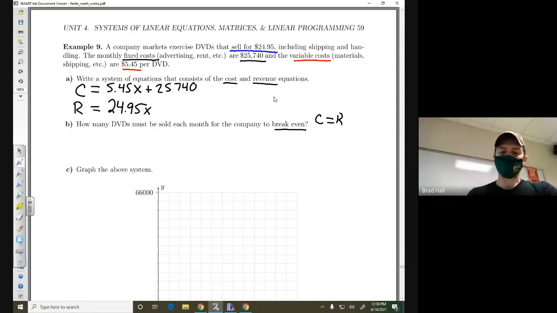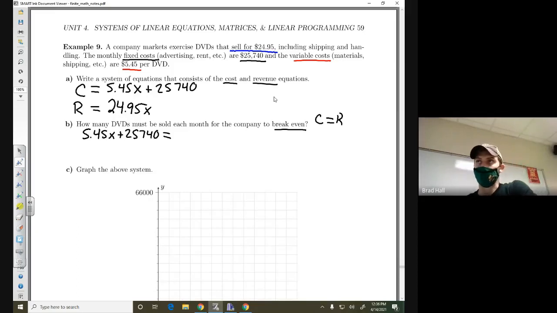So we know what the cost function is. It's 5.45x plus 25,740. This is equal to the revenue function, which is 24.95x. So we're setting the two functions equal to each other. And what this allows us to do is to find where the two lines will ultimately intersect.